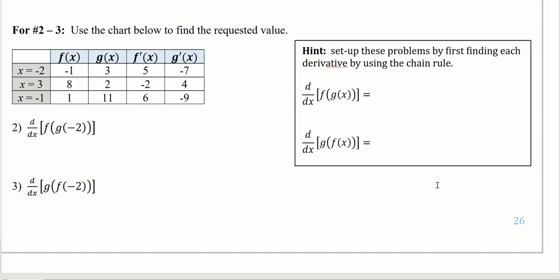Again, very similar to 11.6. When we have this table here, we want to solve out the chain rule in general, and once we've done that, we can just plug in the numbers we want. So the derivative of f of g of x is the derivative of f of x evaluated at g of x, times the derivative of the inside, g prime of x.